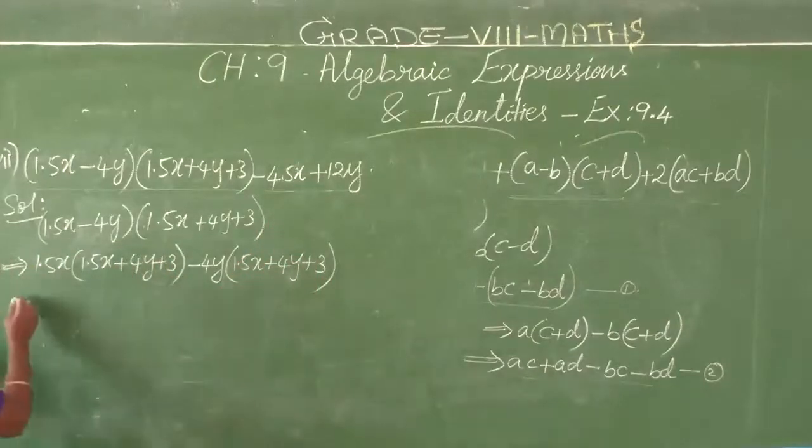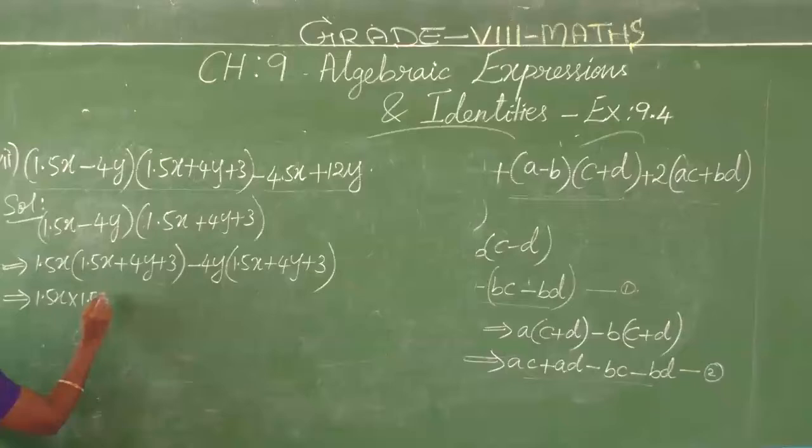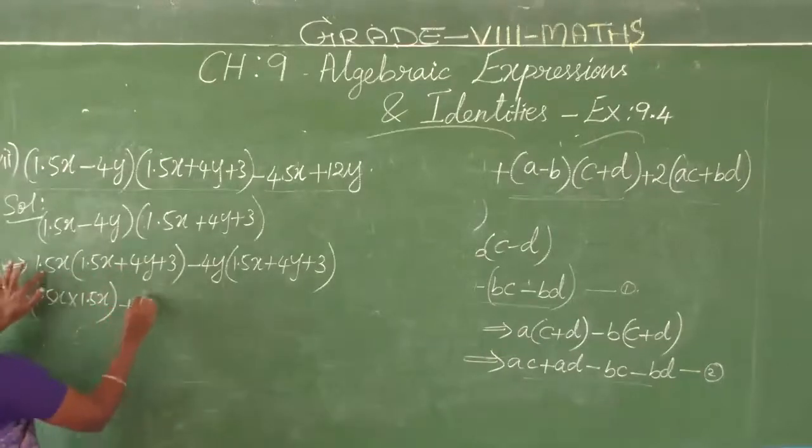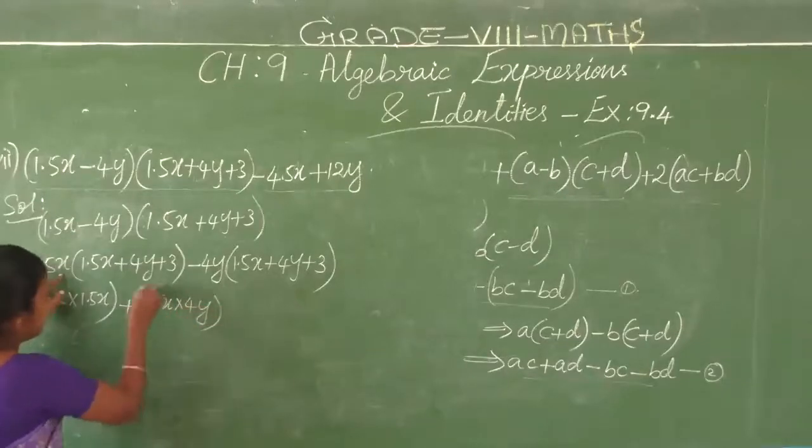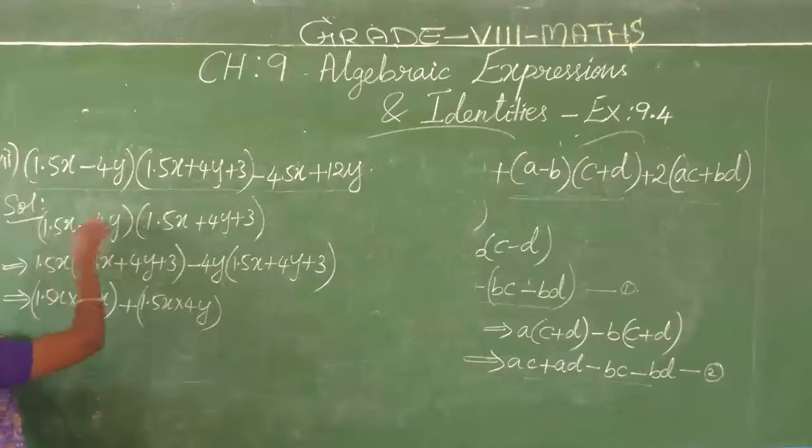Okay. So here what comes? This into this plus this into this plus this into this, distributivity. So 1.5 into 1.5, plus into plus, 1.5x into 4y plus 1.5x into 3.